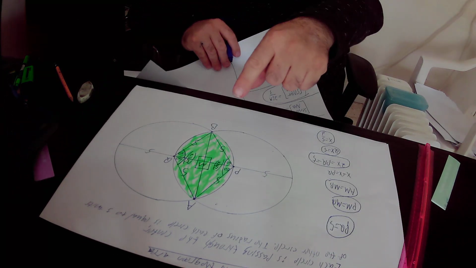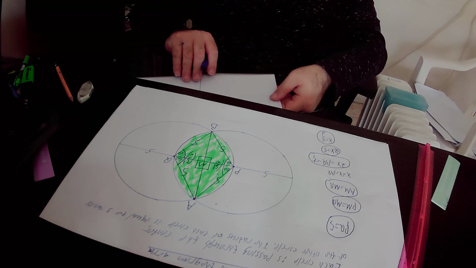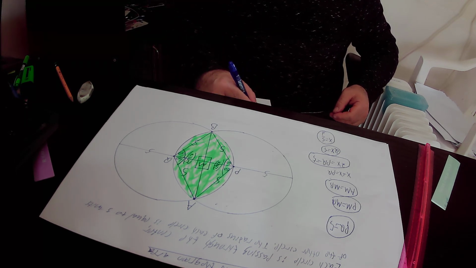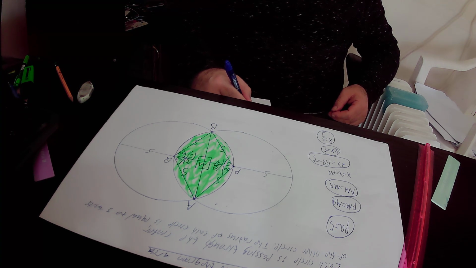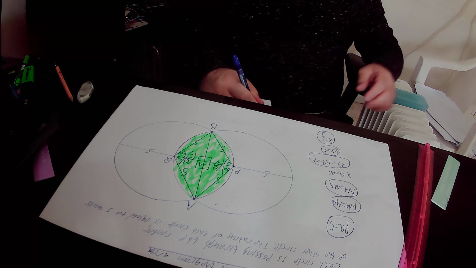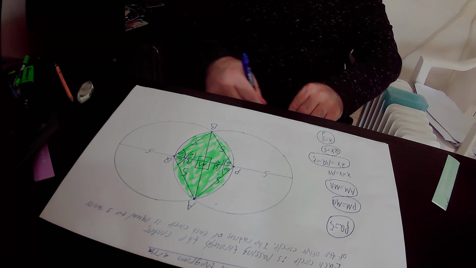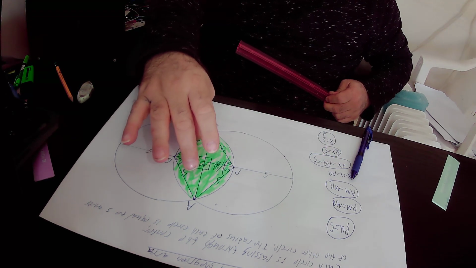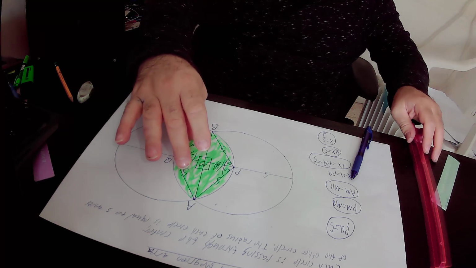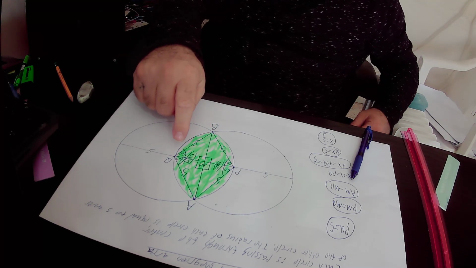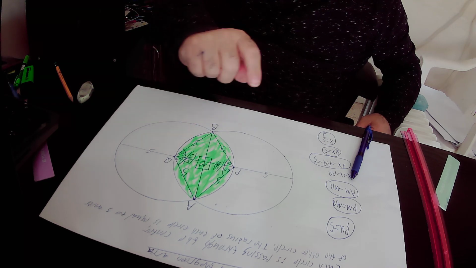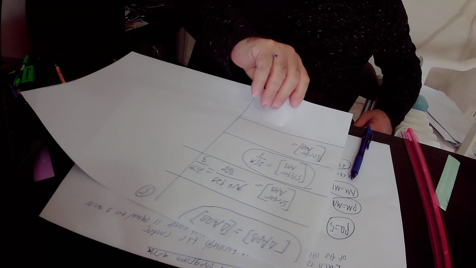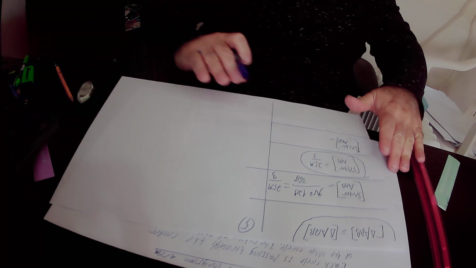What is the area of sector AQB? The area of this sector AQB will be equal to pi r squared times 120 degrees over 360 degrees.